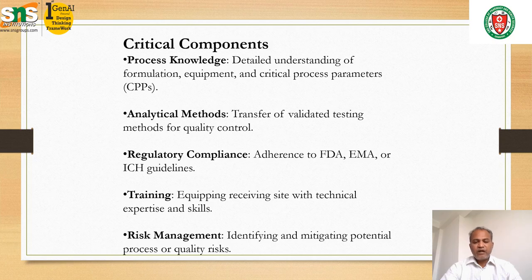We all well about the FDA and EMA, European Medical Agency, or ICH guidelines. According to the regulatory compliance, that is very important to assess the critical components. Next, training and risk management. So they play a vital role. Though they play a vital role, it is very important, like the previous critical component discussion.